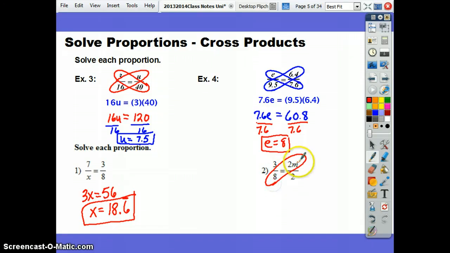What's 8 times 2m? That's 16m. And 3 times 2, that's 6. Divide both sides by 16. 6 divided by 16 is 0.375, excuse me.